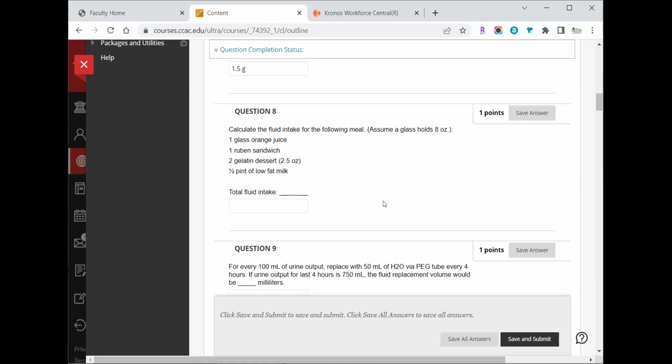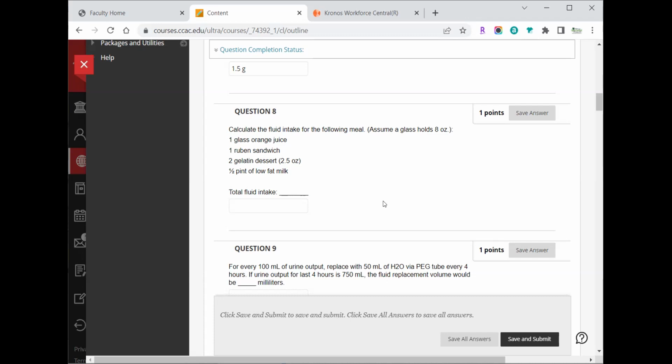Sandwich, not liquid. Gelatin dessert, so 2.5 times 30 would be that many ounces. So that would be 2.5 times 30 is 75. So 240 plus 75, and then a half pint.